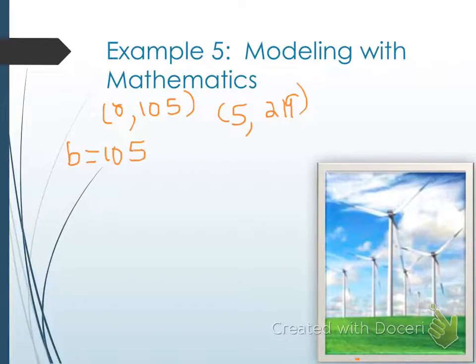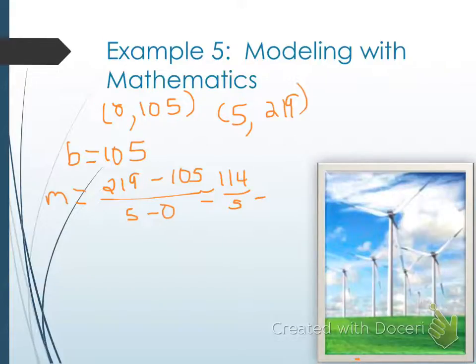Now the rate of change, our slope, we're just going to find that by using these 2 points. Remember, to find our slope, we're just going to take that 219, subtract 105, then we're going to have 5 minus 0, which is going to be 114 fifths.